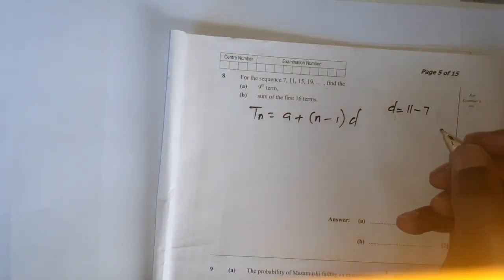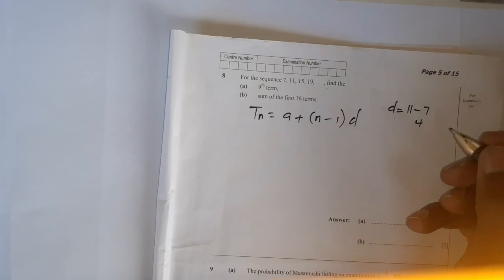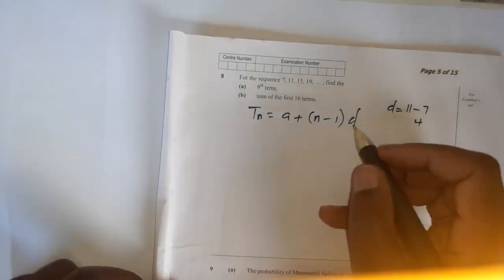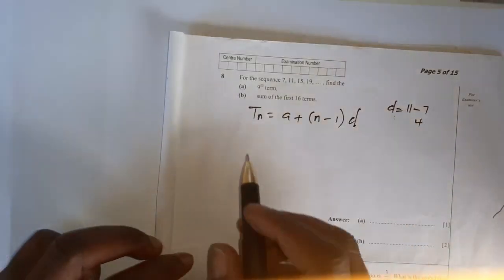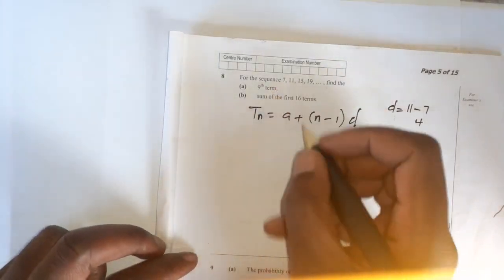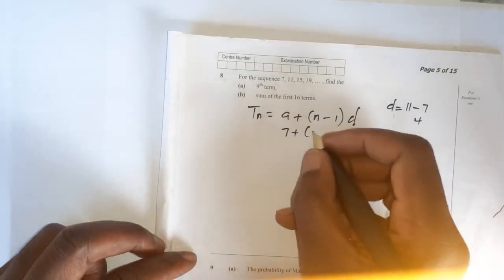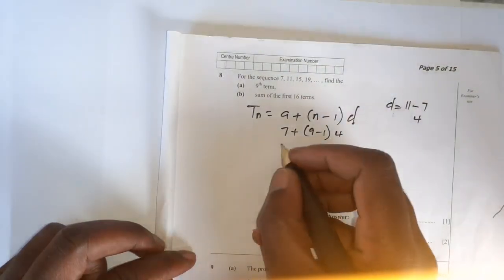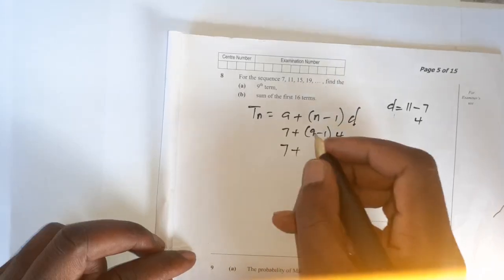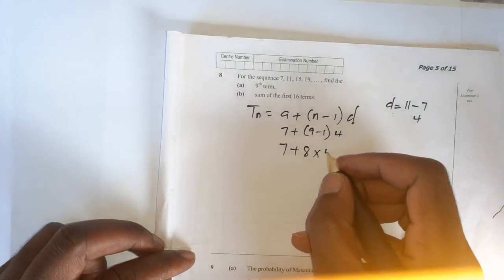What are we getting here? We're going to get 4. That is our d, the common difference. So a is the first term, which is 7, plus n, which is 9, minus 1, multiplied by 4. 7 plus 8 multiplied by 4.